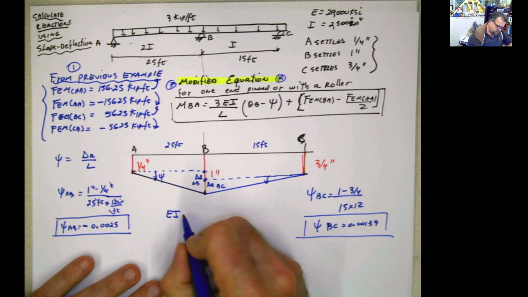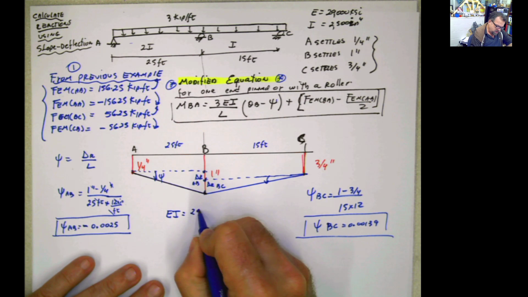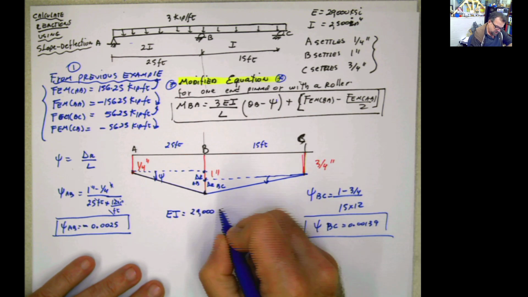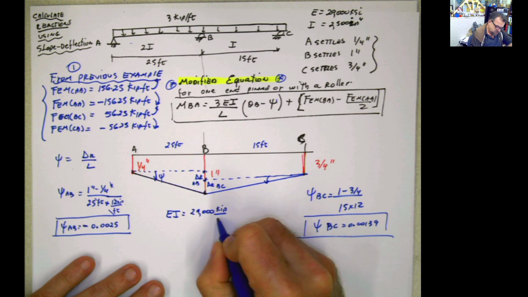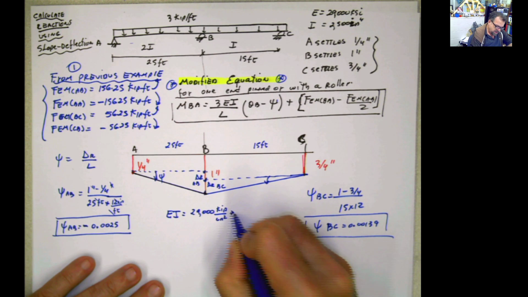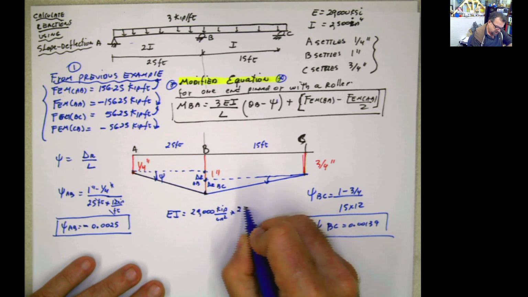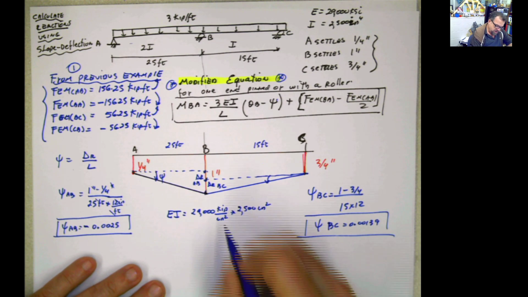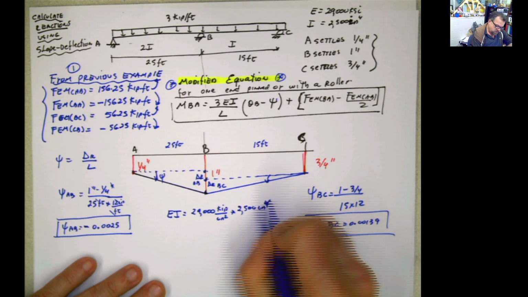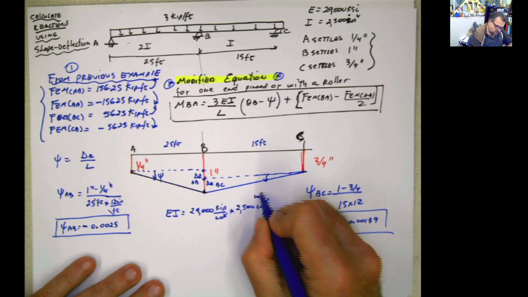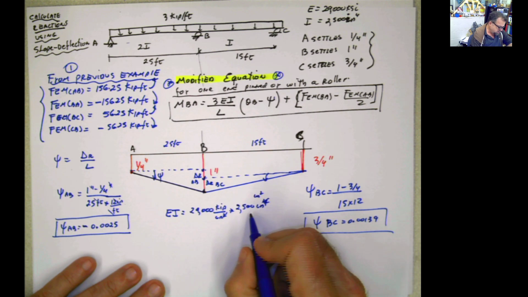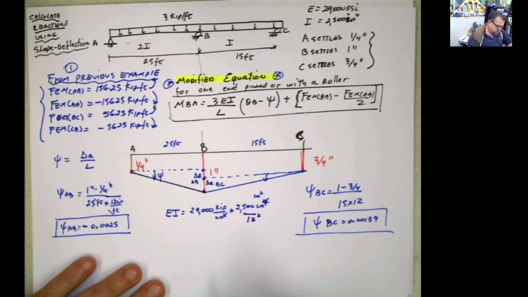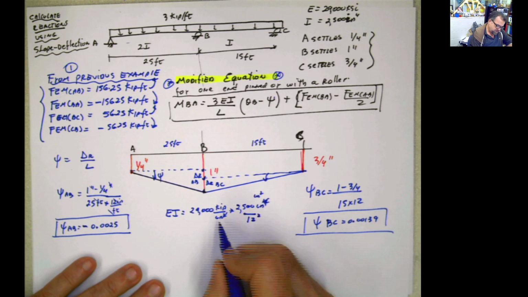So yes, let's just calculate EI as 29,000 ksi, which is kip per inches square, multiplied by I, which is 2,500 inches to the fourth. My result here is going to be kip inches square, and I don't want the result in kip inches square, so I'm going to divide that by 12 square, so I can convert it into kip feet square.